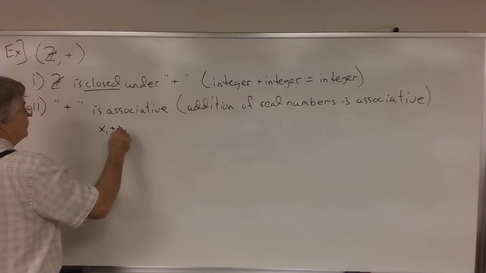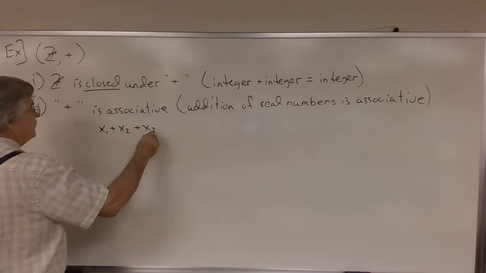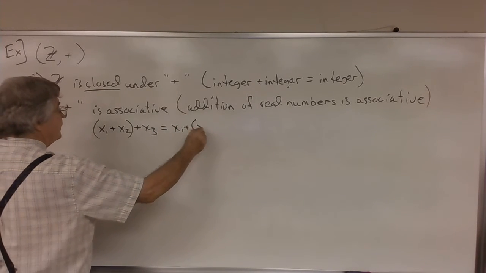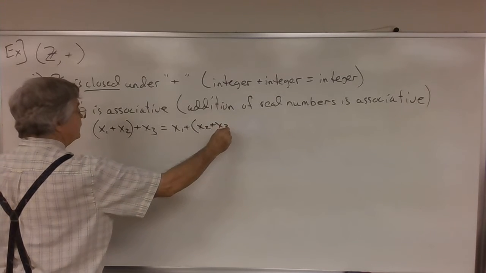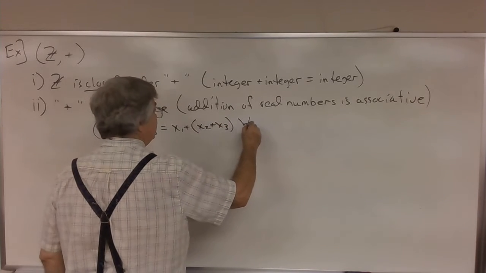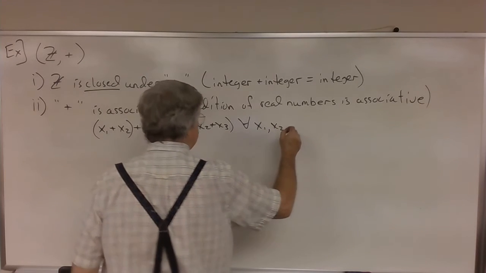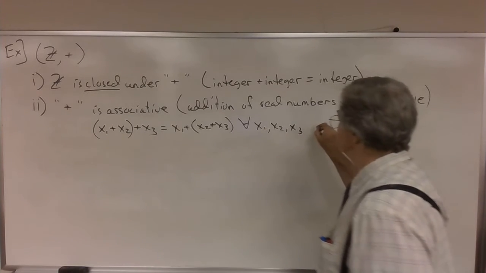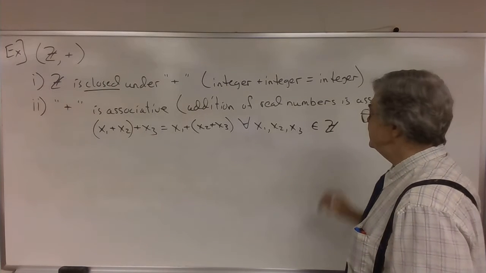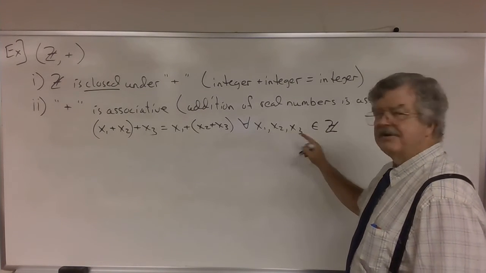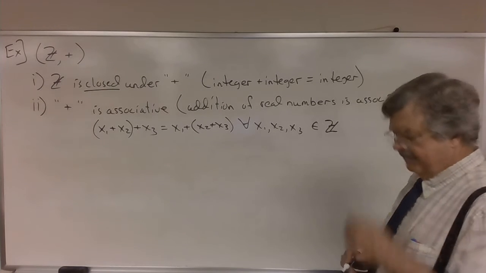So x1 plus x2 plus x3 equals x1 plus x2 plus x3 for all x1, x2, x3 in Z. And in fact, this holds not just for integers, but for all real numbers.